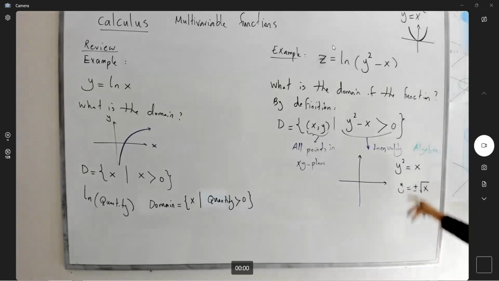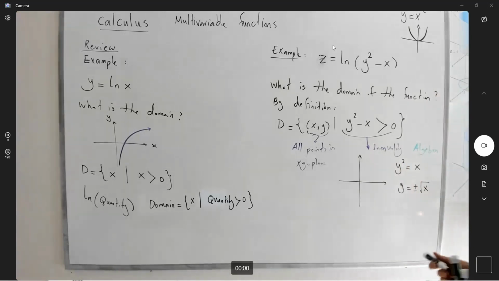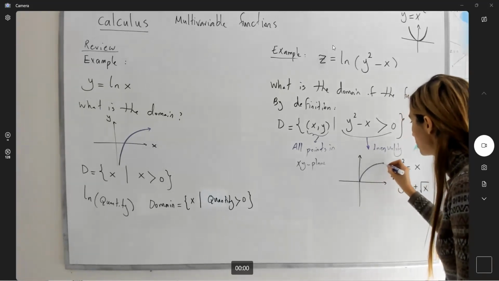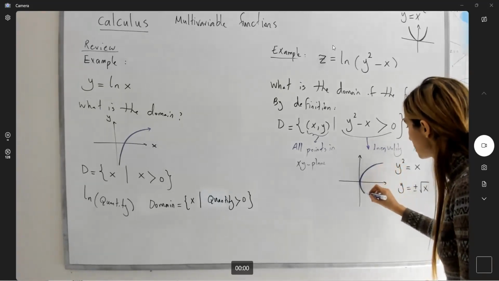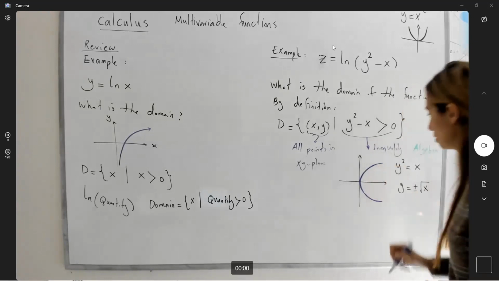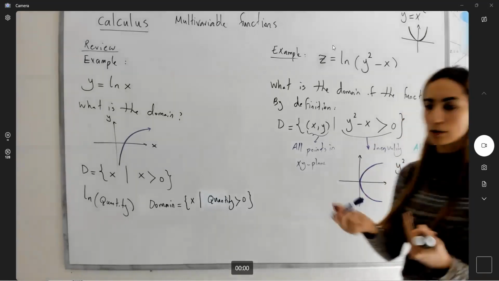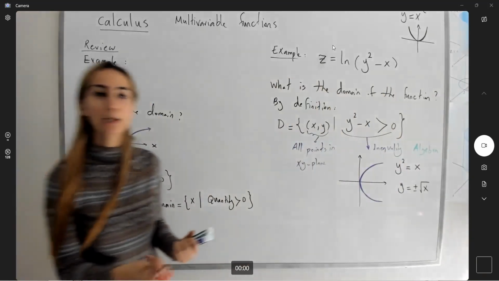If you want to take the square root of both sides, guys, make sure to add the plus-minus sign as well. So let's graph this using the same line. This is plus square root, and this is minus square root. Should I shade the right-hand side or left-hand side? Well, here you can use some checkpoints.